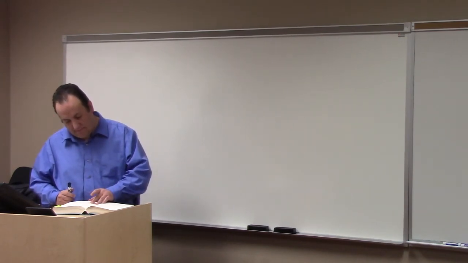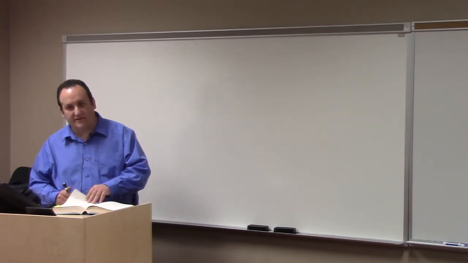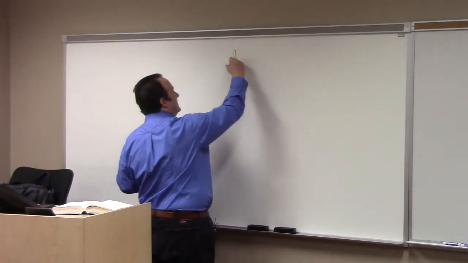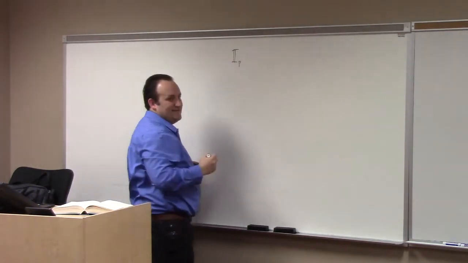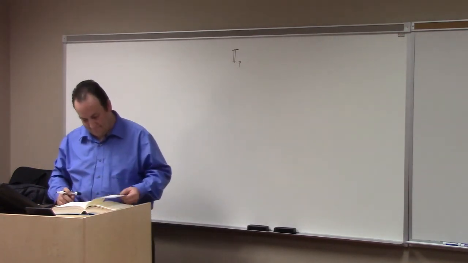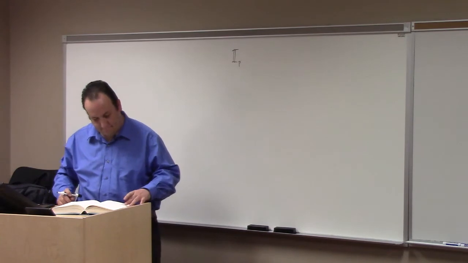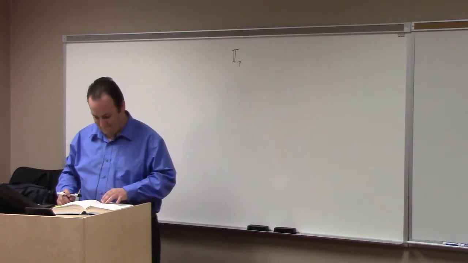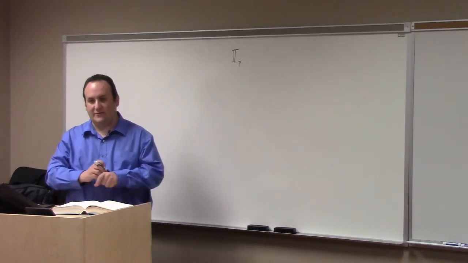So for example, example 6.24, an abelian group is simple if and only if it's isomorphic to, well, he calls it I_p. What is I_p? That is the cyclic group of order p.